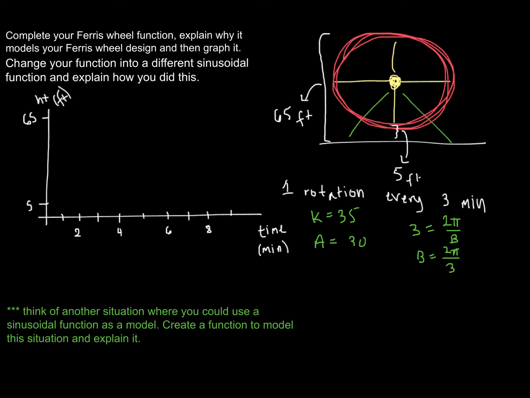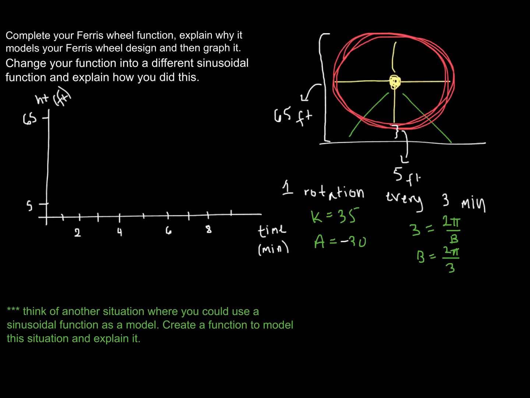So now I can start thinking about whether I want to use a sine or a cosine function, and notice that I want to start my cart at the bottom, at the minimum value. Well, a cosine function with no phase shift would have a y-intercept, or an initial value, at its maximum. So if I want to change a maximum to a minimum, I simply need to reflect over the midline or make my a value negative.